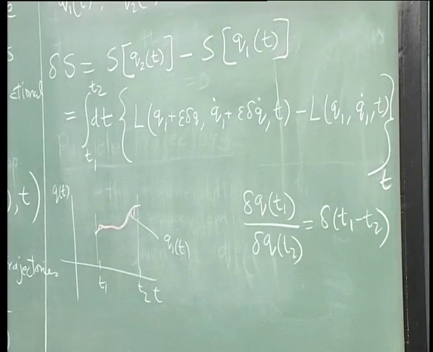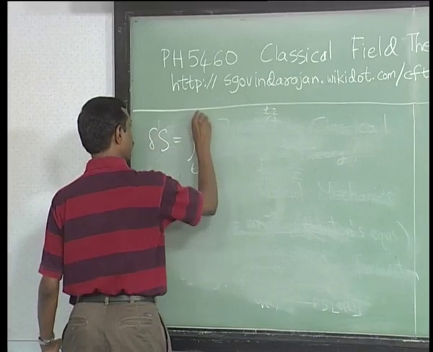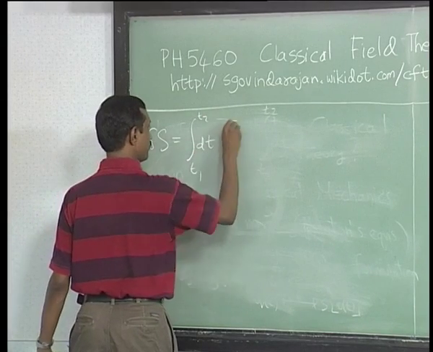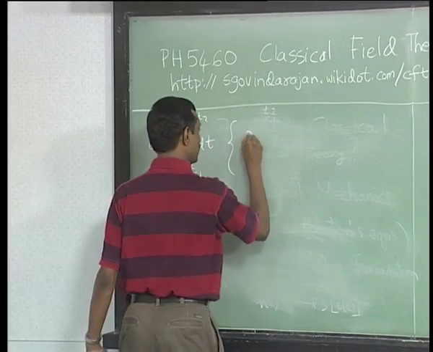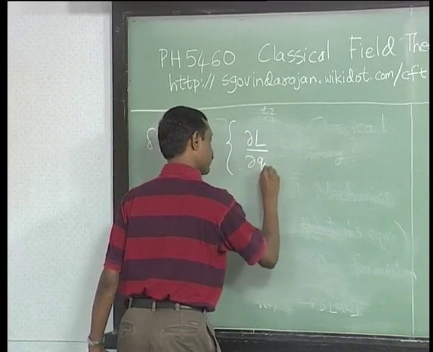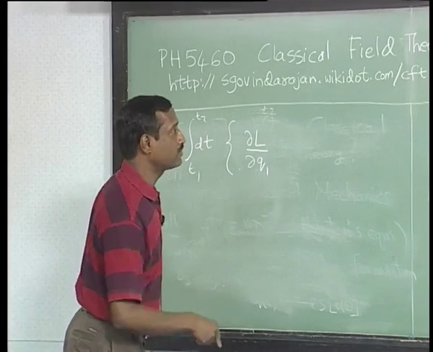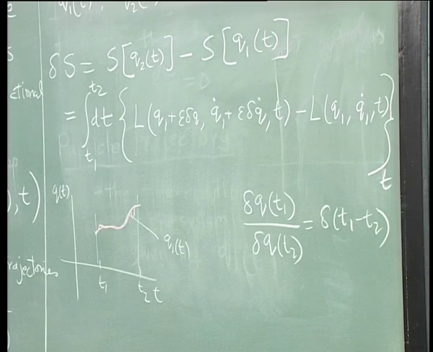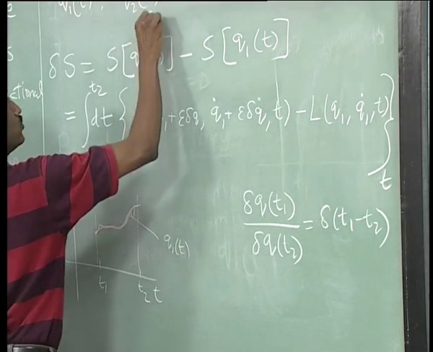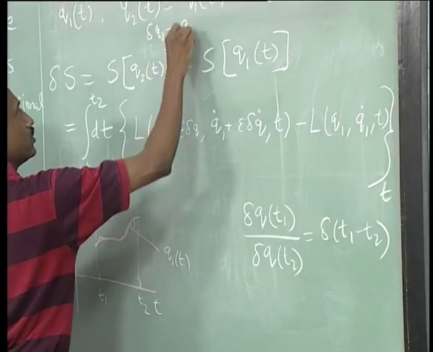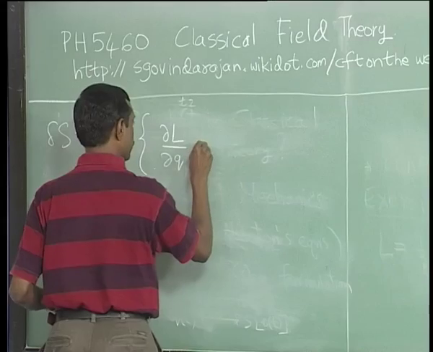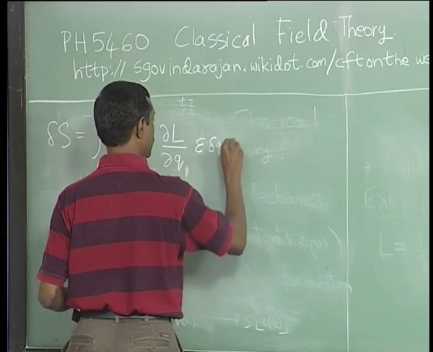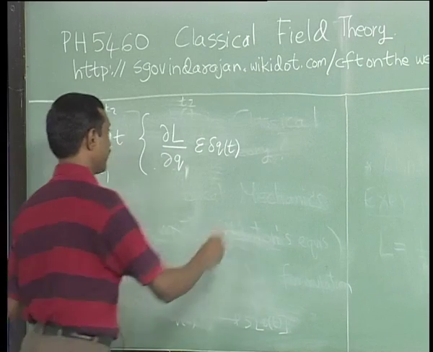The zeroth order piece cancels, so I will only write out the dL by dq times the change, delta q, which is nothing but q2 minus q1, so that is epsilon delta q, and similarly for the q dot term.